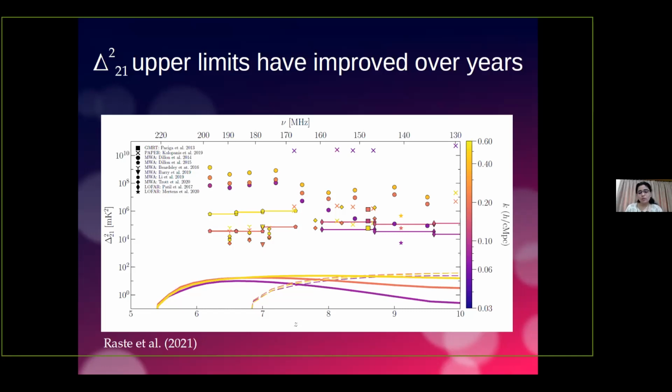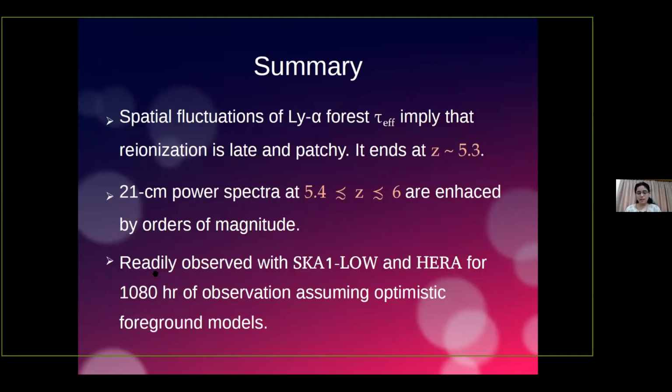So they should complement each other. In summary, I'd like to conclude that the large spatial fluctuations in the effective optical depth of the Lyman alpha forest suggest that the reionization is late and patchy.